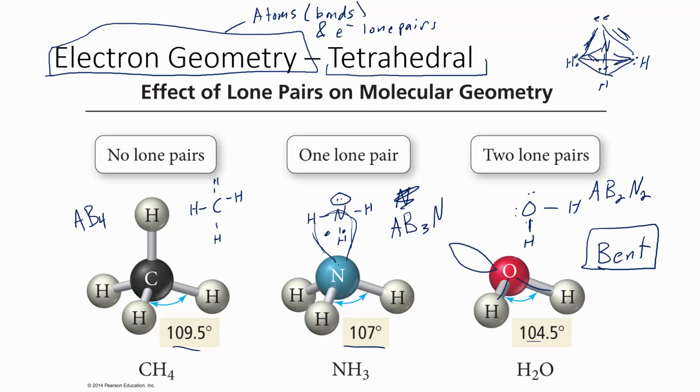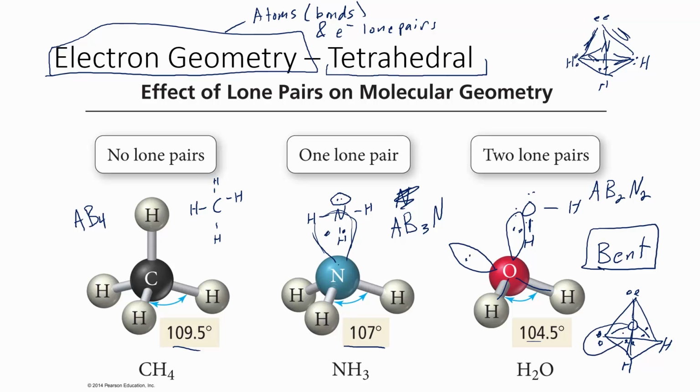Now we have two tetrahedral lone pairs that are sticking out. Now it looks like a bunny, I'm sorry. Electrons, electrons, and hydrogen, bond, electrons, and hydrogen.